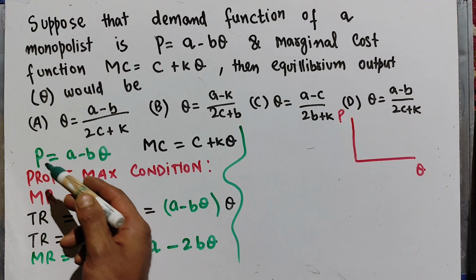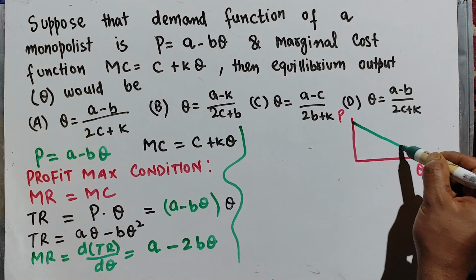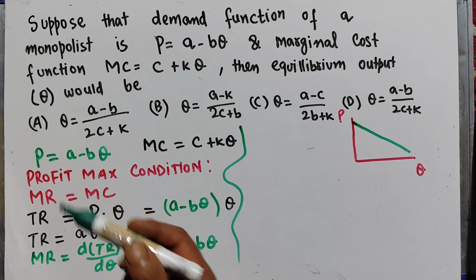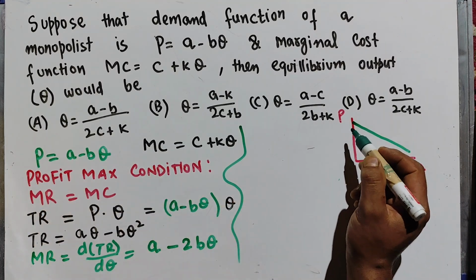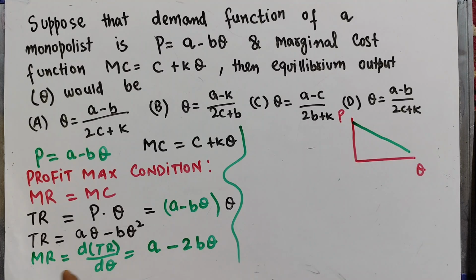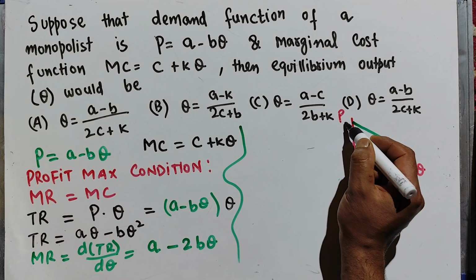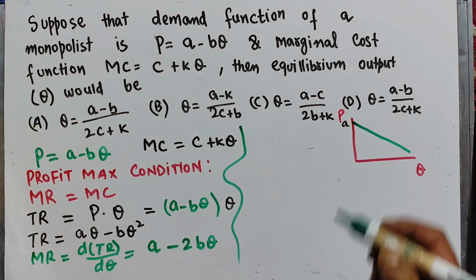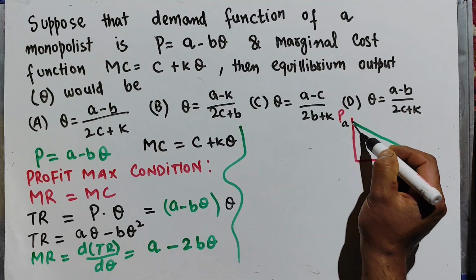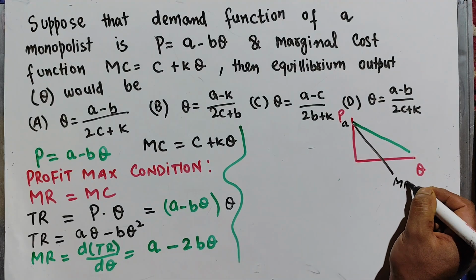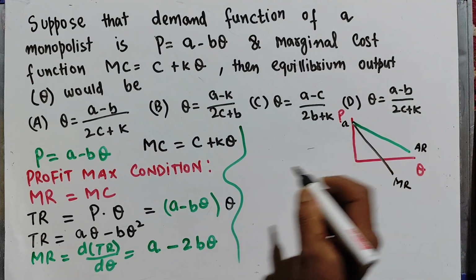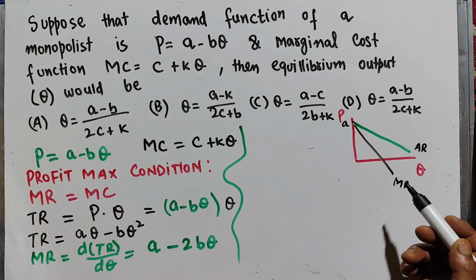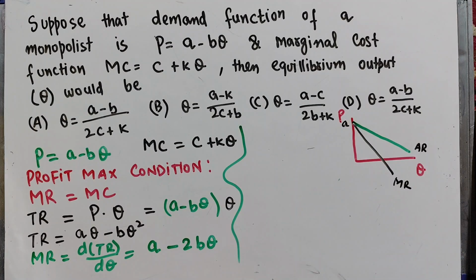We have this inverse demand function, its price intercept is when Q is equal to 0, P is equal to A. The marginal revenue function has its price intercept again at A, but its slope is twice that of the inverse demand function. This is our marginal revenue function, and this is our average revenue function. This inverse demand function is also called the average revenue function. The slope of the marginal revenue function is twice that of the average revenue function.